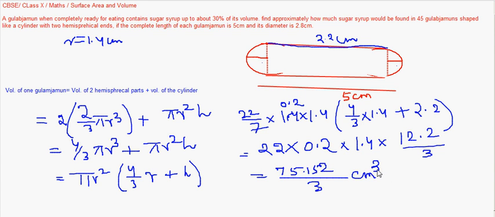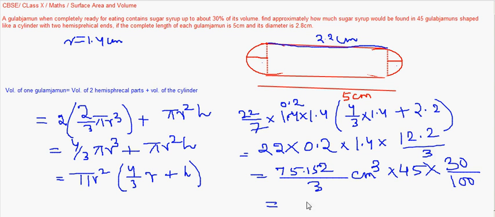Now we have to find how much sugar syrup would be in 45 gulab jamun. So let us first find the volume of 45 gulab jamun. And then it said all of this carries 30% of its volume as sugar syrup. That means this multiplied by 30%. That will give the quantity of sugar syrup.